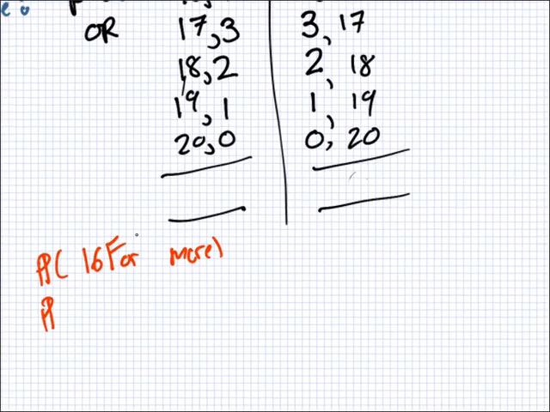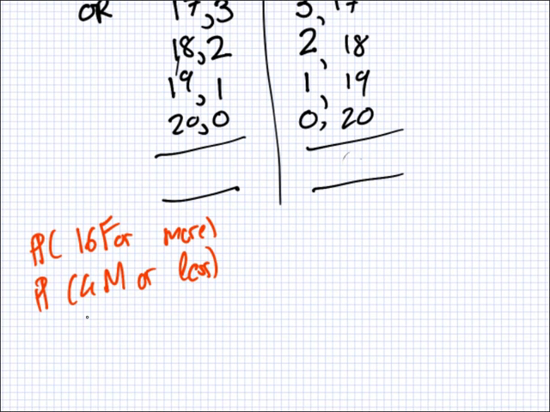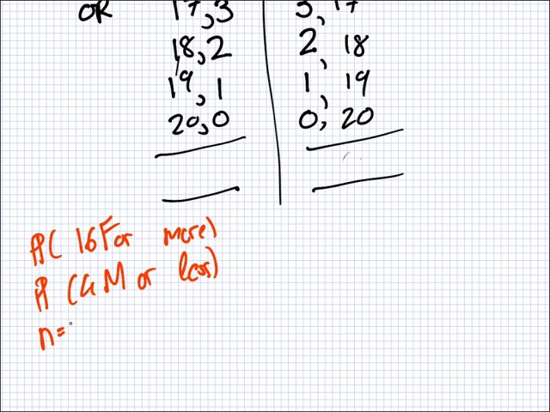So that's the probability of 4 males or less. Now, N is 20, isn't it? X is 4 and P is... 4 males. We're counting males, so 4. Females were 6 then.